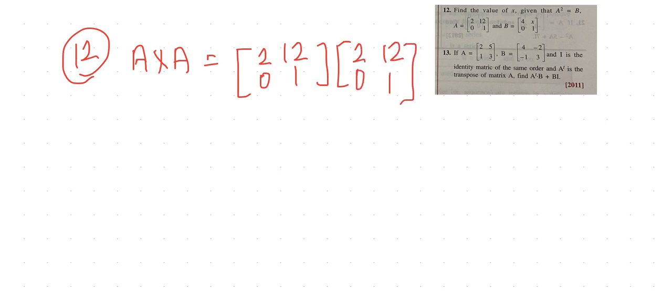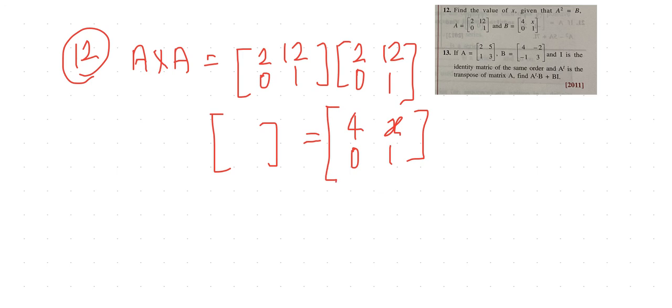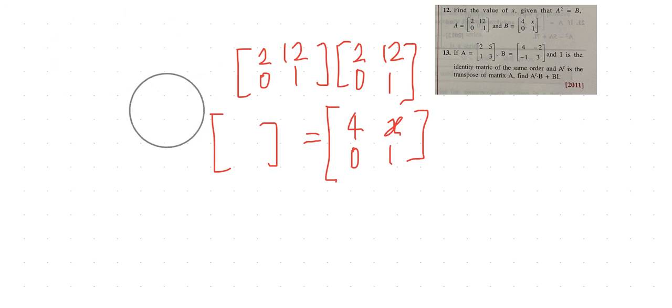Whatever you are getting, that you will be equating with B, that is 40x1. So this is also an easy one, children. You can easily now equate to find out the value of x. The only thing that you have to take care in your mind, children, is that whatever values and symbols you are taking, not the values but the symbols, should be right, or else you will be losing marks, because rest of the things are very much similar and easy.